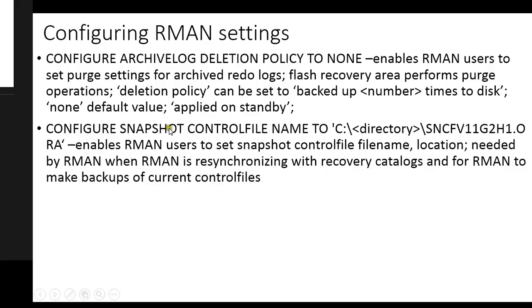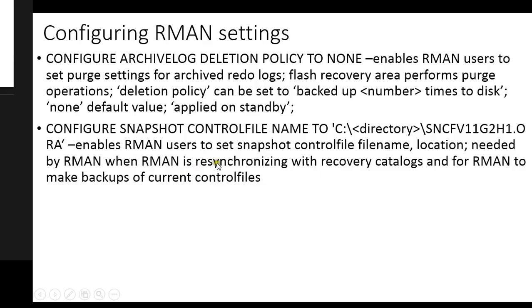And then you also have configure snapshot control file name, where you're just specifying a path, a particular file here. This is basically to set your snapshot control file name and location.